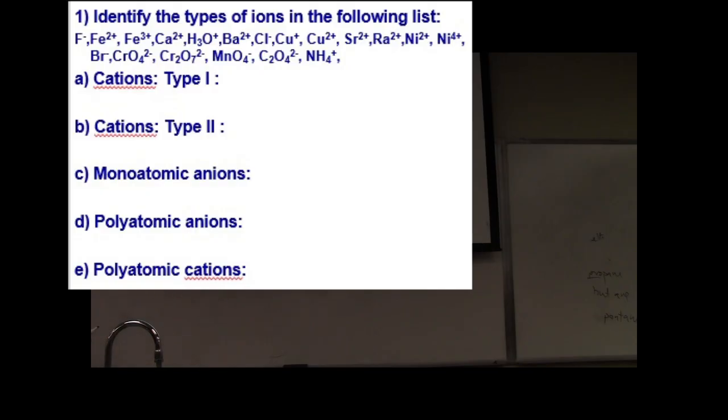Fluoride is fixed charge or variable charge? Fixed. Okay, start with fluoride. How about Fe3 plus? No. Calcium? It's a type 1, right? Okay, what else is?